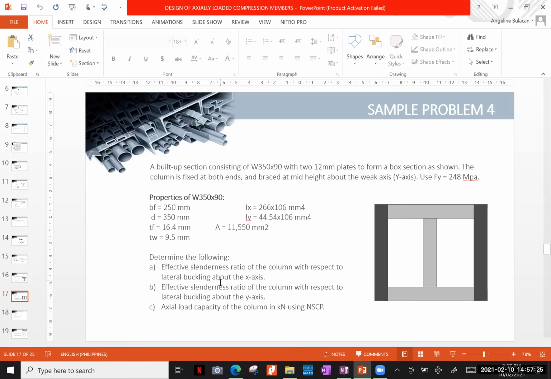First, effective slenderness ratio with respect to lateral buckling about the x-axis. Next, slenderness ratio with respect to lateral buckling about y-axis. And then the axial load. Okay, so copy ko ulit yung problem.